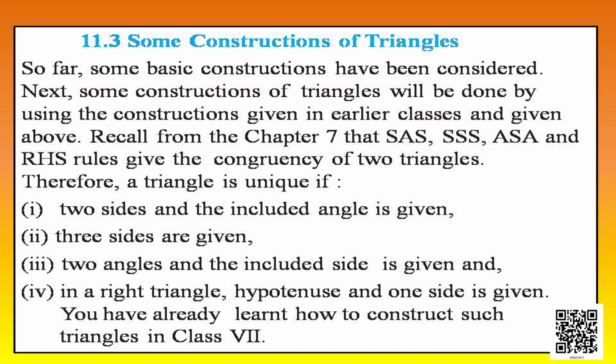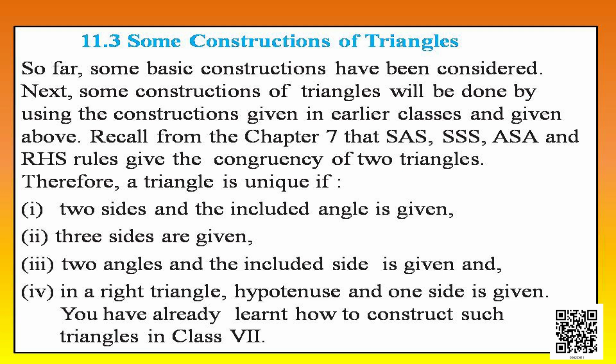Students, let us now discuss some construction of triangles. So far, some basic constructions have been considered. Next, some construction of triangles will be done by using the constructions those we have already discussed. Okay.